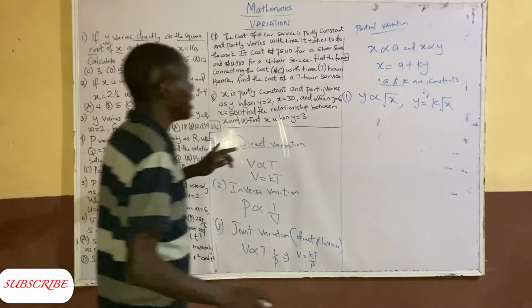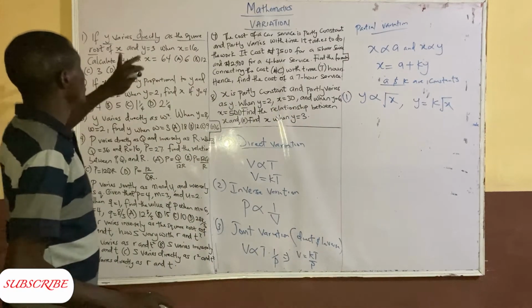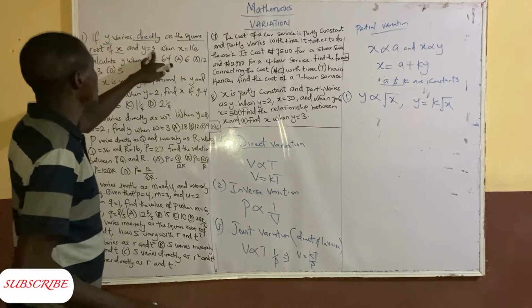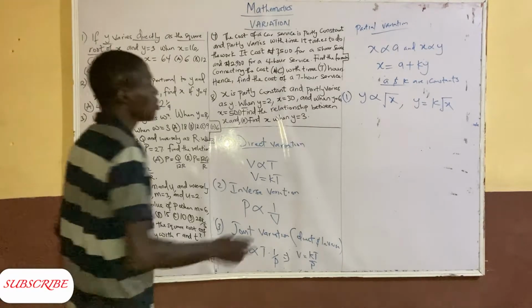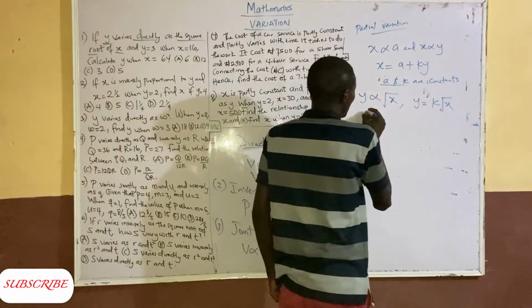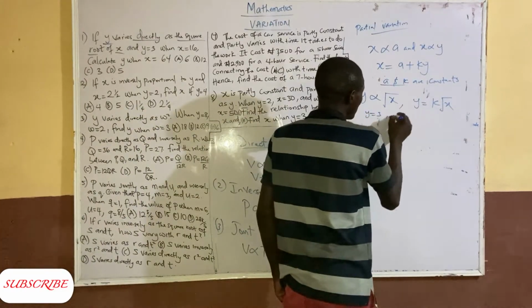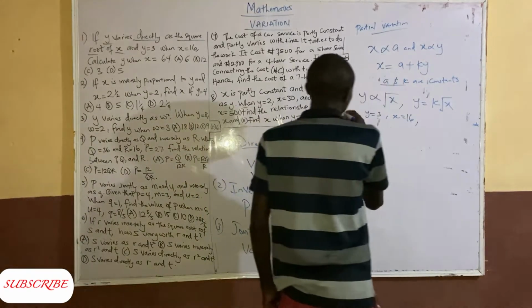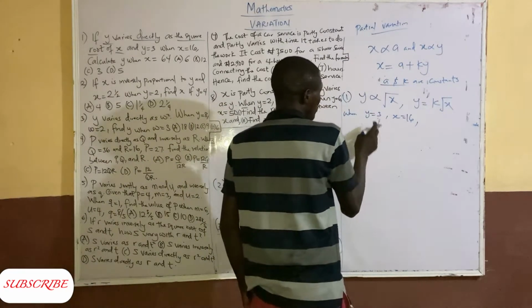From the direct variation, we now say when y is 3 and when x is 16. So we put y equal to 3, x equal to 16.